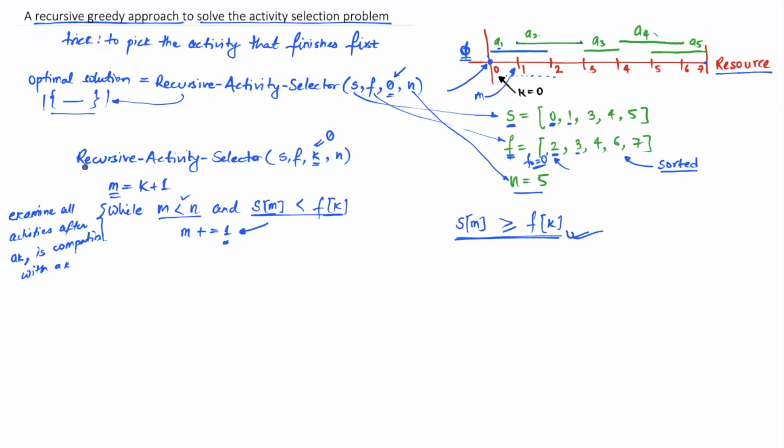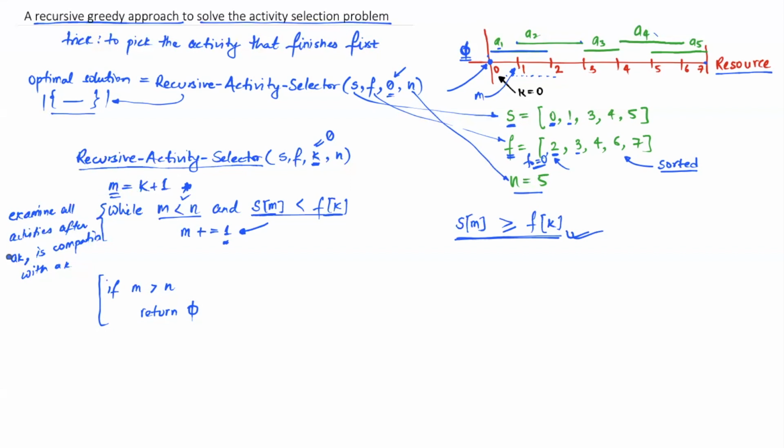Now, in order for this recursive method to terminate, we can actually add one more condition right after this line to say something like, if m is more than n, then we want to return empty set. So this code can go right after this line to terminate the recursive activity selector, so that we terminate the loop after we have k equals to n.